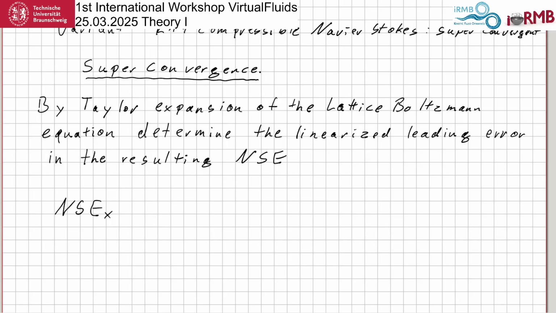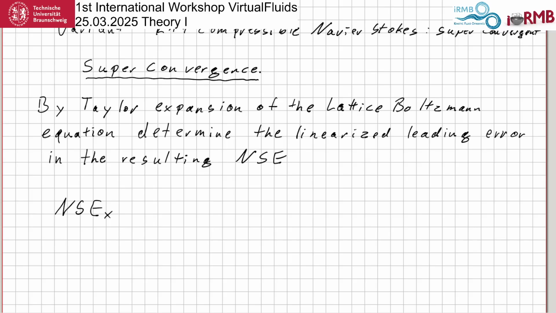So what we obtain is a Navier-Stokes equation, say the part of the Navier-Stokes equation in x direction. You can also write this in y. Due to the symmetry of the lattice, they will all behave the same way, and all of the problems are solved together in that way. So you get this thing. Then you have Mach errors that we ignore, and in addition to these, we also have spatial discretization errors at the leading order.